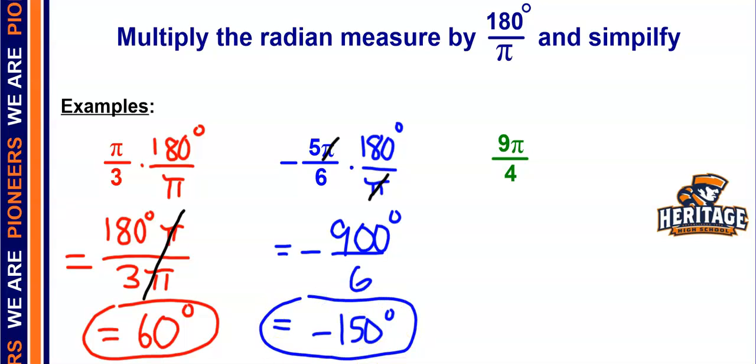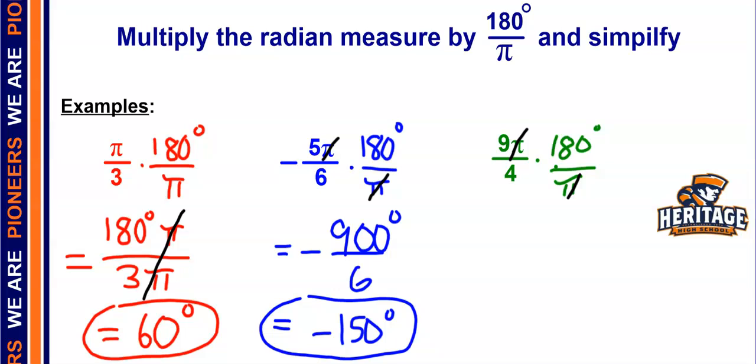So there you go. As for the last example, again, multiply the top by 180 degrees. Multiply the bottom by pi. And you cancel out the pi's immediately without worrying about it. And then now you just say, alright, what's 180 times 9?